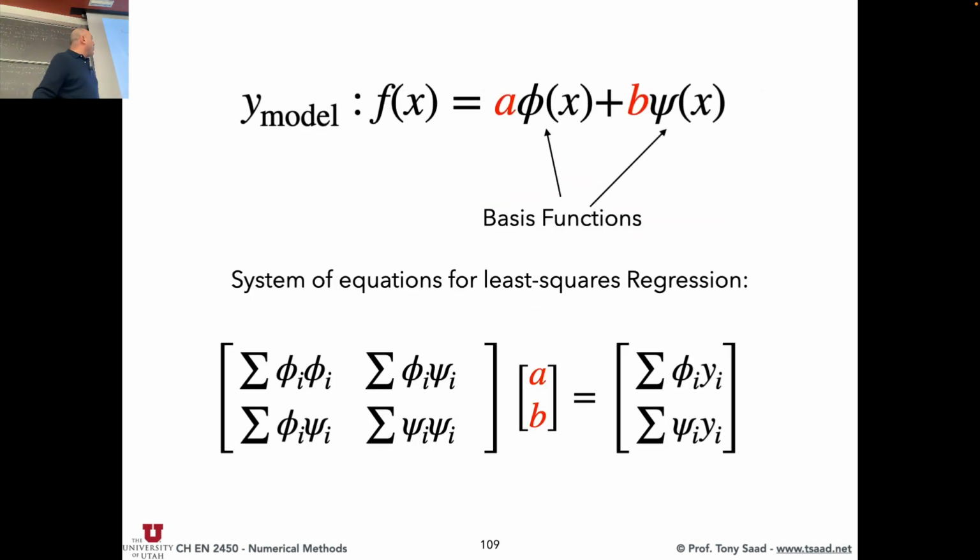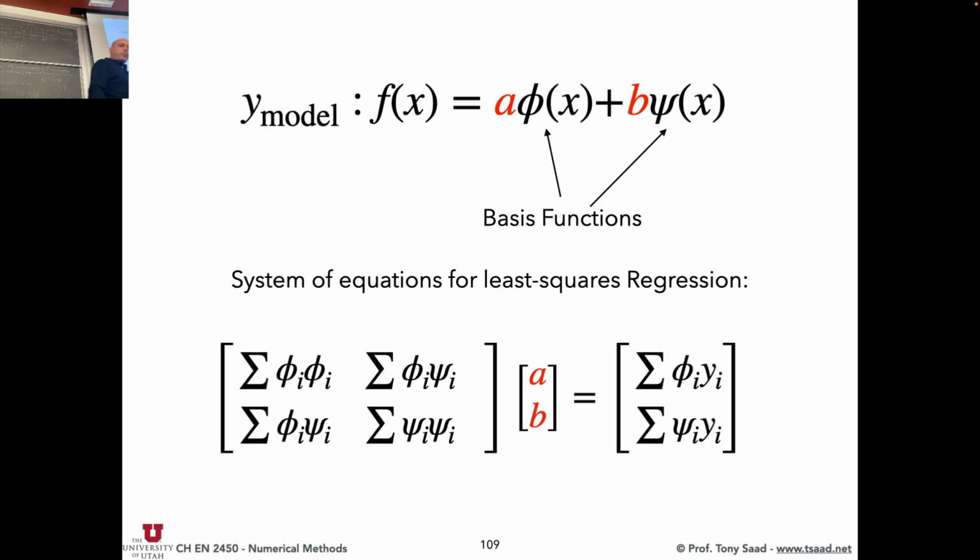Okay. So if you go through the derivation of writing the sum of the squares, and differentiating it with respect to a and b, this is the system of equations that you obtain. We can show this. It's not a hard exercise to do, it's just a little tedious. But this is the system of equations that we obtain.